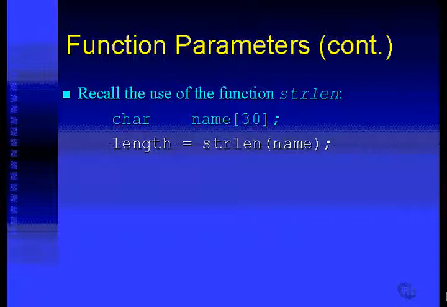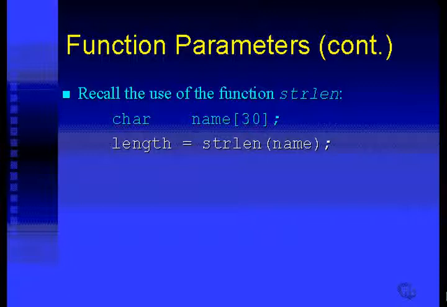But assuming we've done that, then the strlen would work, and if we passed in a short string, we would get a small integer back for length, and if we passed in a great big name string, we would get a large number back in length. Again, the value that strlen gives us back, or in other words, the behavior of strlen does indeed depend on the parameter that we pass it.